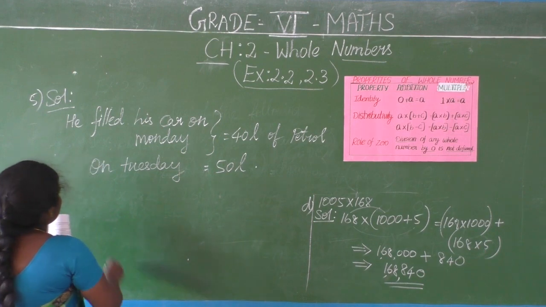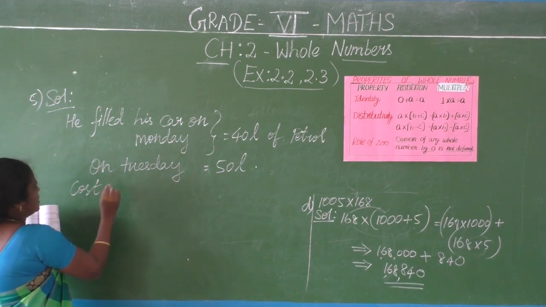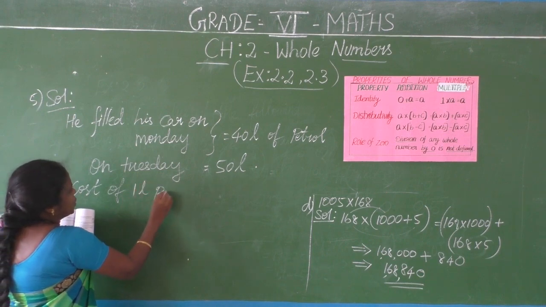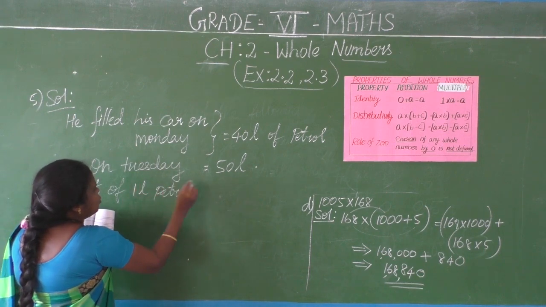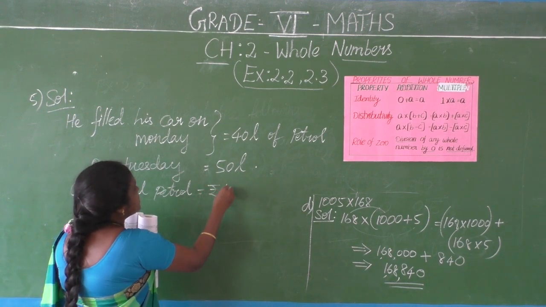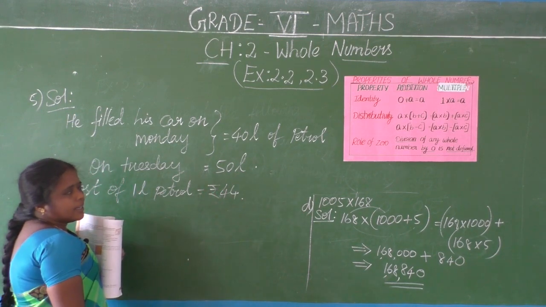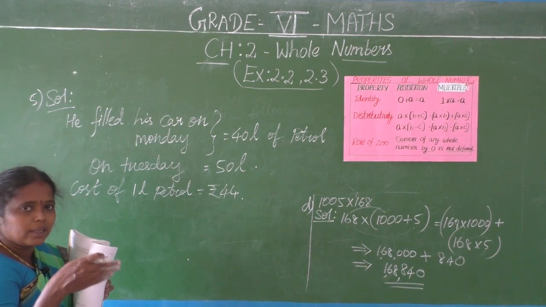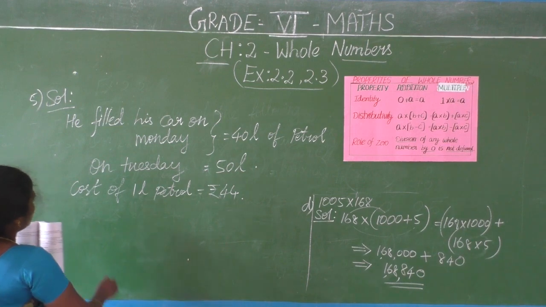Okay, the cost of 1 liter petrol is given. Cost of 1 liter petrol, how much? 44 rupees. This is the given matter. What do we have to find out? The total cost spent by the person. Clear? So what to do?